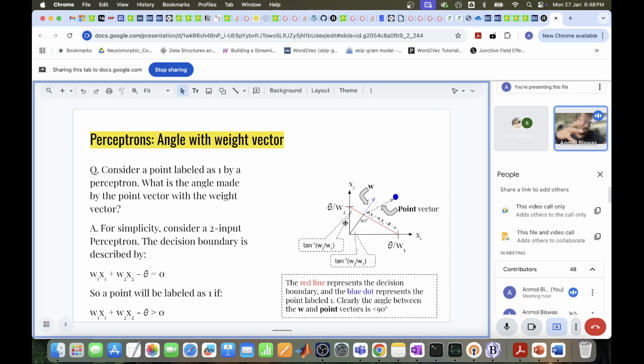So if it is a positive sample, or rather, if it is being currently classified as a positive sample, then the angle made by the point vector and the weight vector will always be less than or equal to 90 degrees. Here I have mentioned less than 90 degrees because I was considering the convention that this value has to be greater than 0 for classification as a positive sample. If you are considering greater than or equal to, then the angle will be less than or equal to 90.